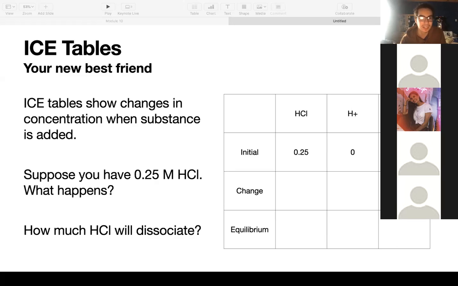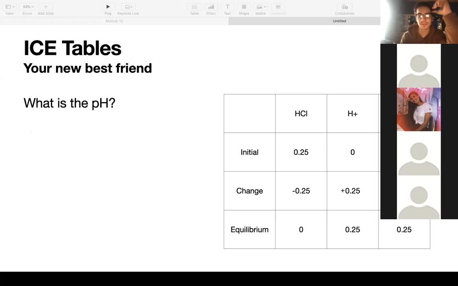So we can answer that next question. How much will HCl dissociate? It'll dissociate completely. So this next one is filling out that chart. So H plus, we have an increase of 0.25. Cl minus, we have an increase in 0.25.